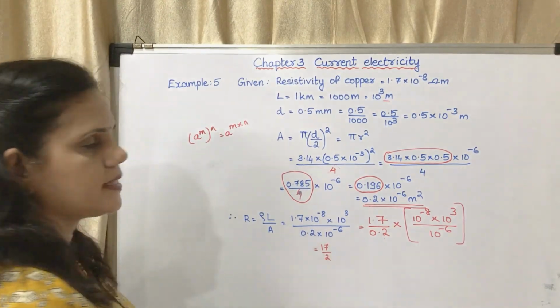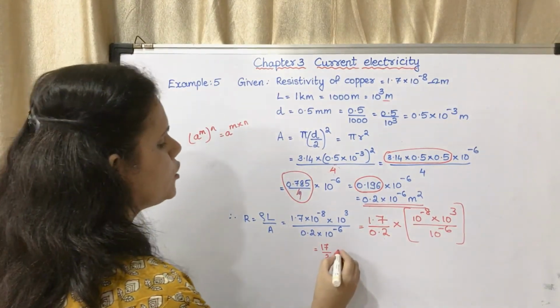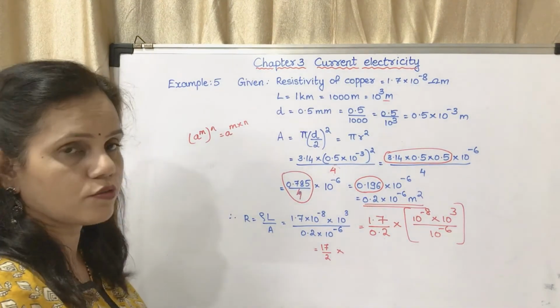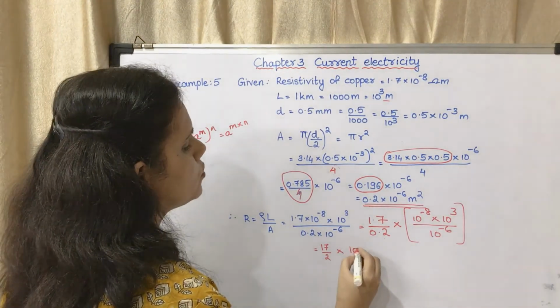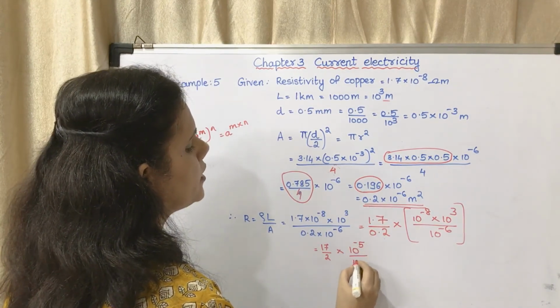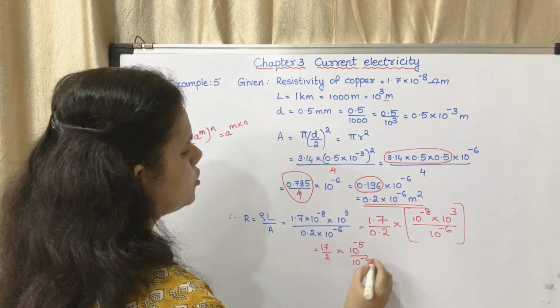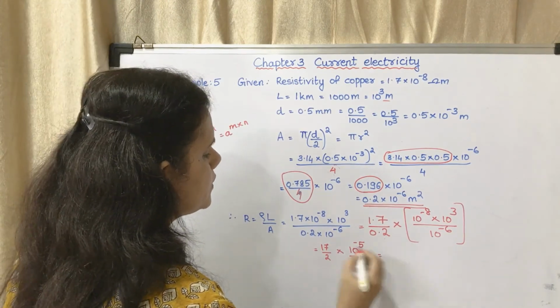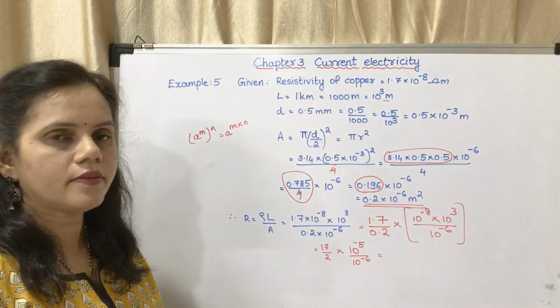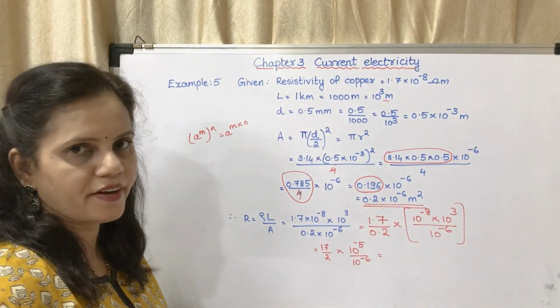Okay, it will be same as 17 upon 2 into 10 raised to minus 8 plus 3 is 10 raised to minus 5, upon 10 raised to minus 6. So it will become 17 upon 2, what is 17 upon 2? It will be 8.5.